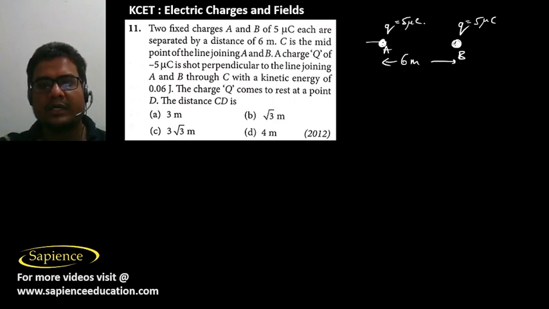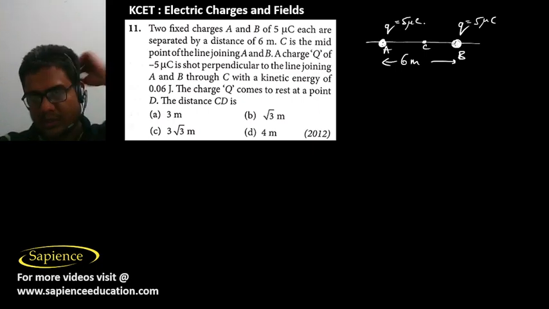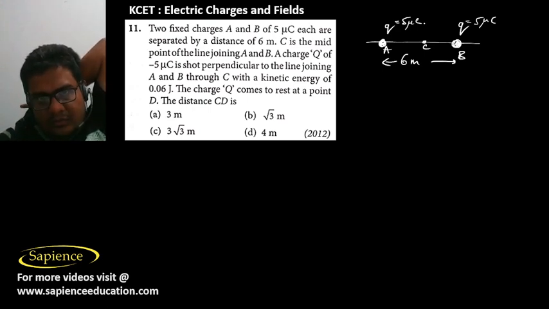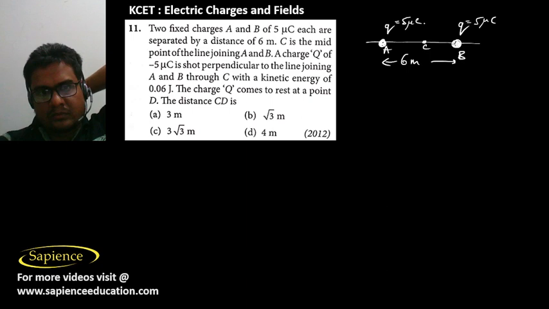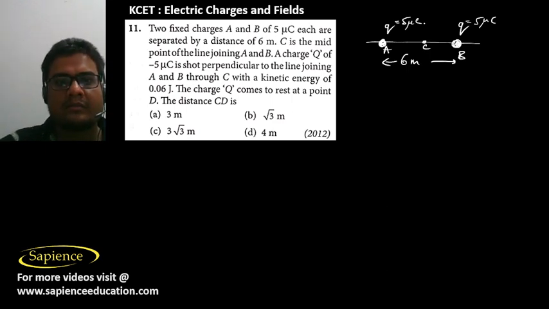C is the midpoint of the line joining A and B. A charge Q of minus 5 microcoulomb is shot perpendicular to the line joining A and B, through C.